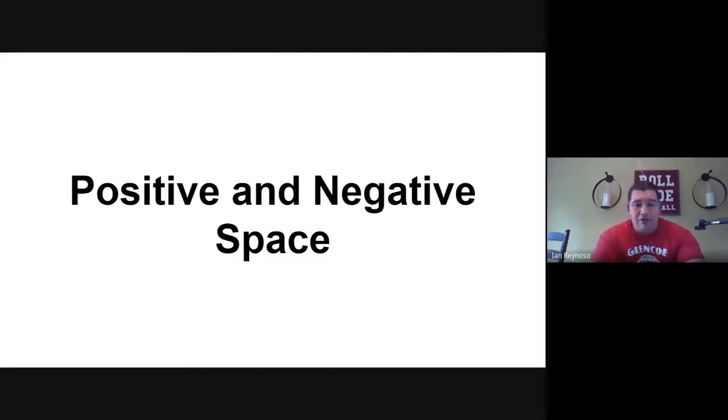So that tangible stuff is the positive space. Now, to counter, negative space is the emptiness that surrounds or fills the positive space. The emptiness that surrounds, emptiness isn't a word, but the emptiness that surrounds or fills the positive space.